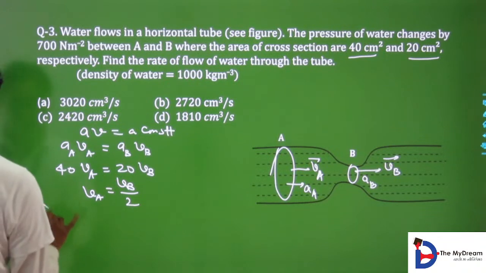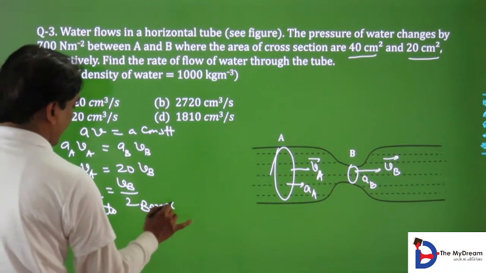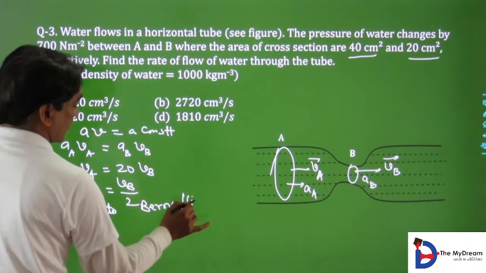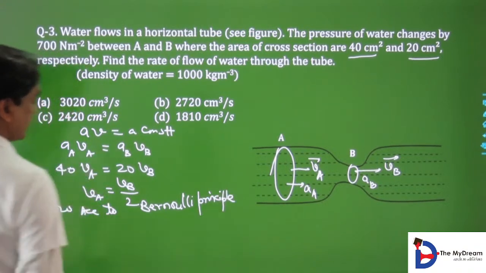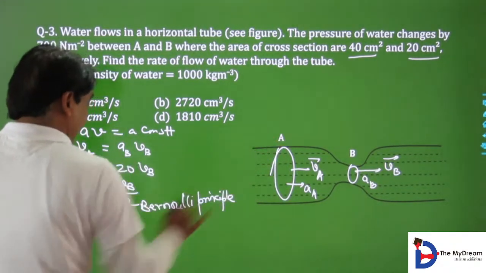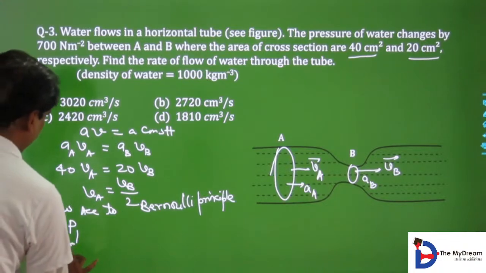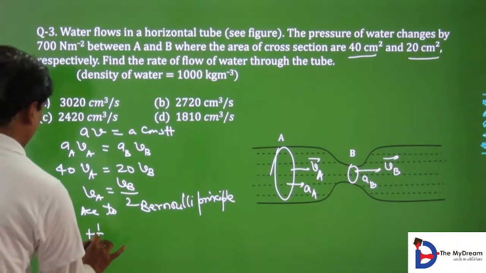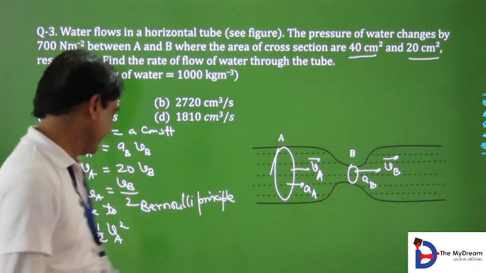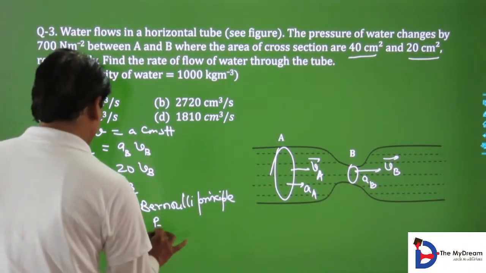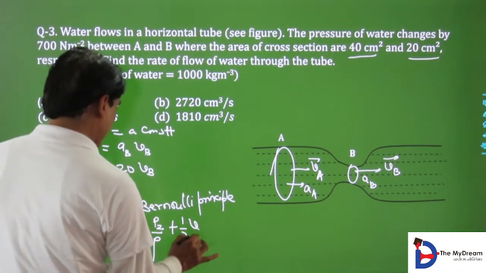Now, according to Bernoulli principle, at the section A, the pressure is P1 by rho plus half VA square, because the velocity is VA, that is equal to P2 by rho, and at the section B, the velocity is VB.